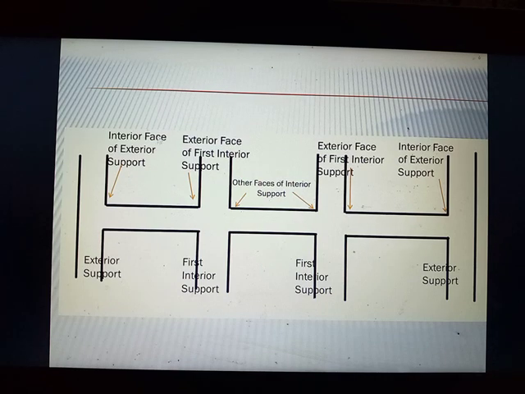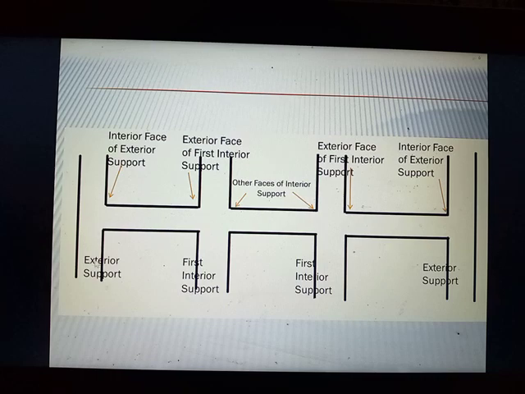So we have the interior face of the exterior support. We know that the farthest ends are the exterior supports, and the rest in the middle are the interior supports. We have a term we call the first interior support.